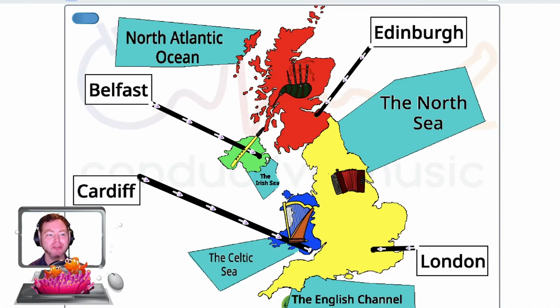So this is the final map. I hope you were able to complete it. We've already had Wales's harp there, and if I click on some of the other instruments, let's hear the Northern Ireland. This is the penny whistle.